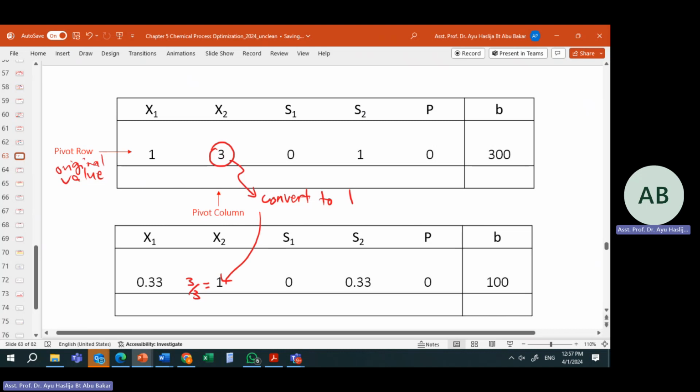When the pivot value is divided by 3, the rest should be divided by 3 as well. That's how you get the 0.33 and 100.